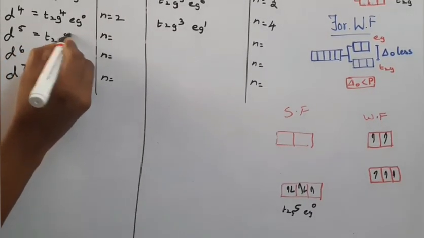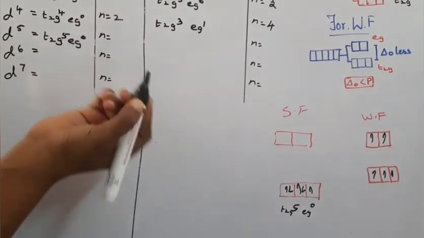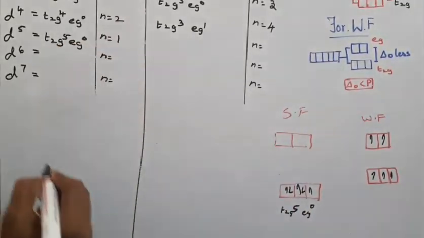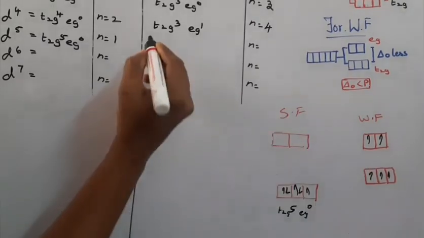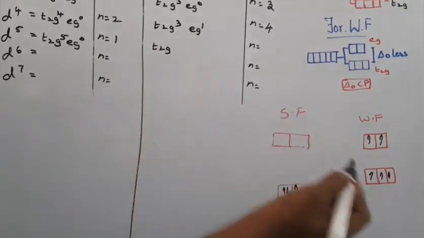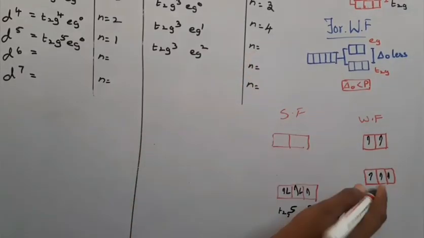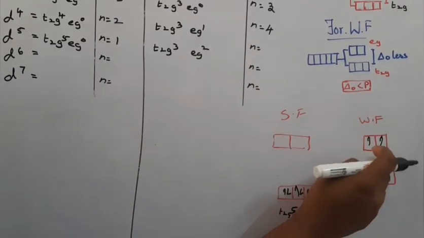How many unpaired electrons are present? 1, 2, 3, 4, 5.